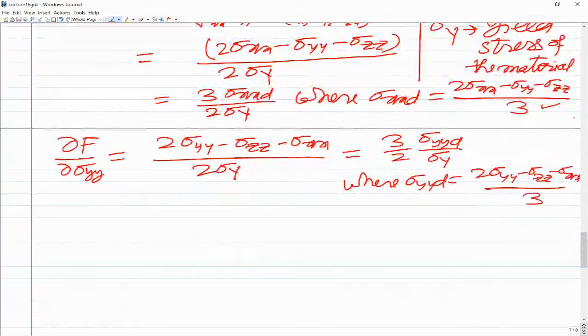So that's also the deviatoric stress component. Same way, if you look at del f by del sigma zz, this will be equal to 3 by 2 into sigma zzd upon sigma y.